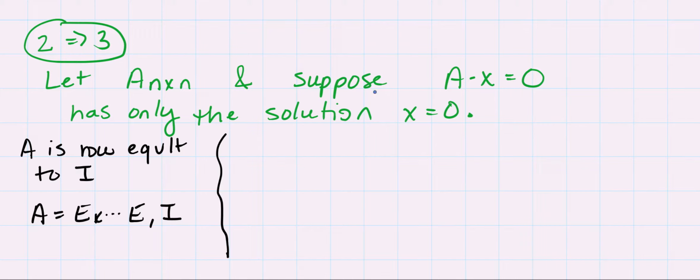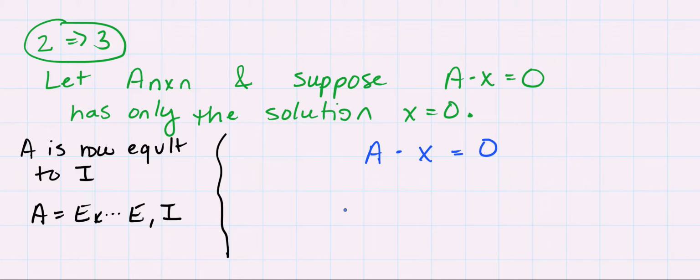So since we have that A times x is equal to 0, well, this matrix A, I can make it an upper triangular matrix using elementary row operations, right? So if you have some matrix A, multiplying it by some elementary row operations, we can get it into reduced echelon form. Every matrix has a reduced row echelon form.